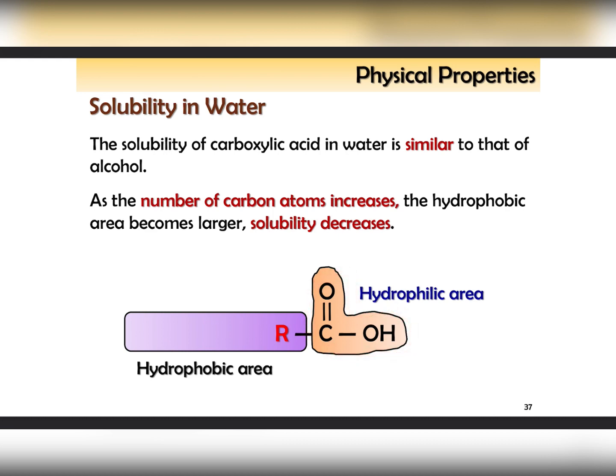So, hydrophobic yang tak suka air, and hydrophilic the one that dissolve in water. Okay, sebab dia boleh buat hydrogen bond with water molecule. So, back to the conclusion, if the number of carbon atom increases, the hydrophobic area will become larger, and thus solubility will decrease.